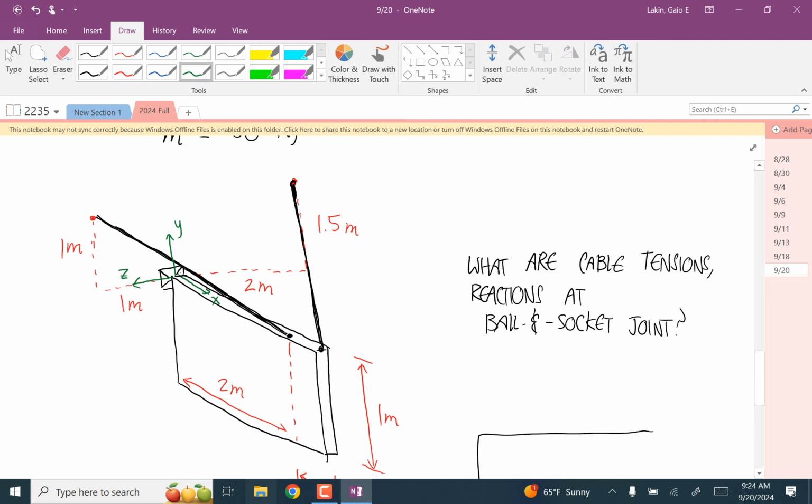What are the coordinates of this point? The coordinates here are 0, and then y is 1.5, and z is negative 2. And the coordinates at the connection point are 2.5, 0, 0.